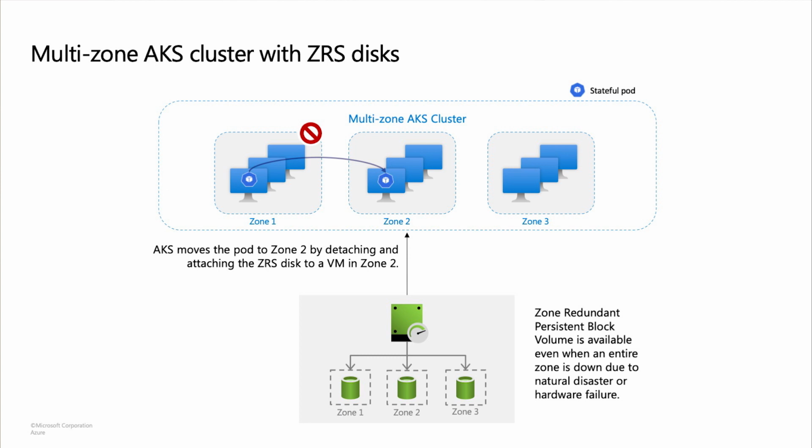Now, AKS will detect that, and it will move the pods that were hosted in zone 1 to a VM in a different zone. And then it will attach the ZRS disk to the node in zone 2, for example. And in this case, the application won't be impacted. The application hosted on the multi-zone AKS cluster will continue to run, providing you higher availability.